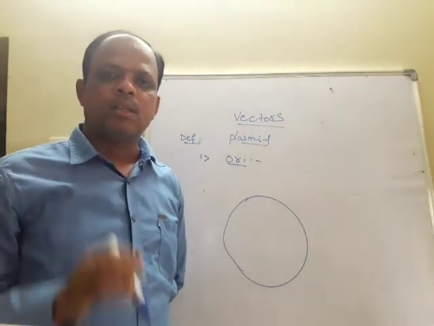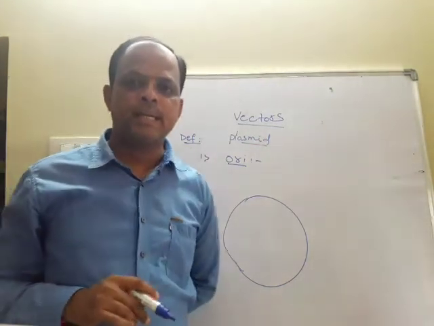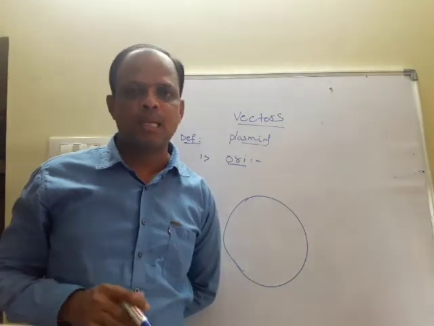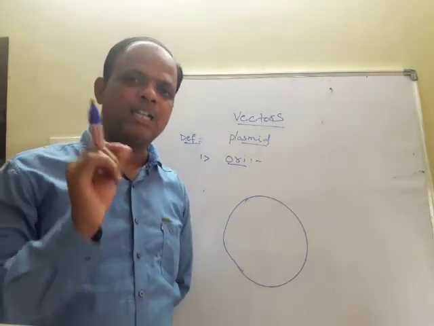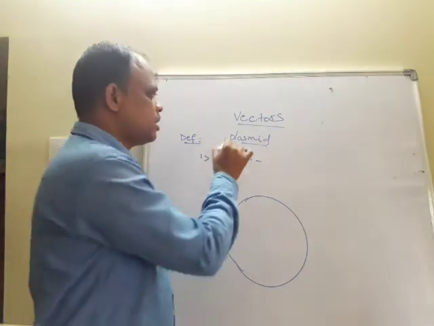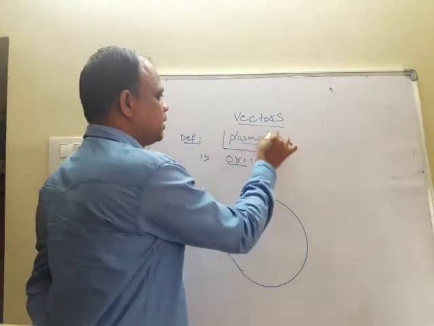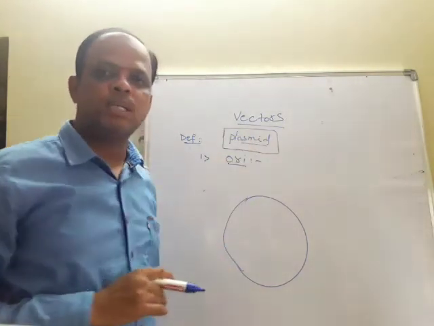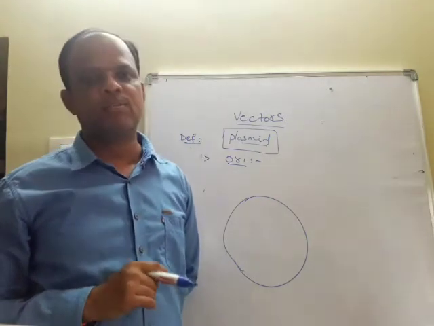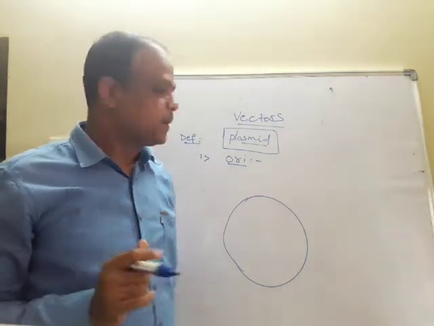The plasmid is a double stranded, extra chromosomal, circular, additional DNA molecule. Mainly, plasmids are present inside bacterial cells.